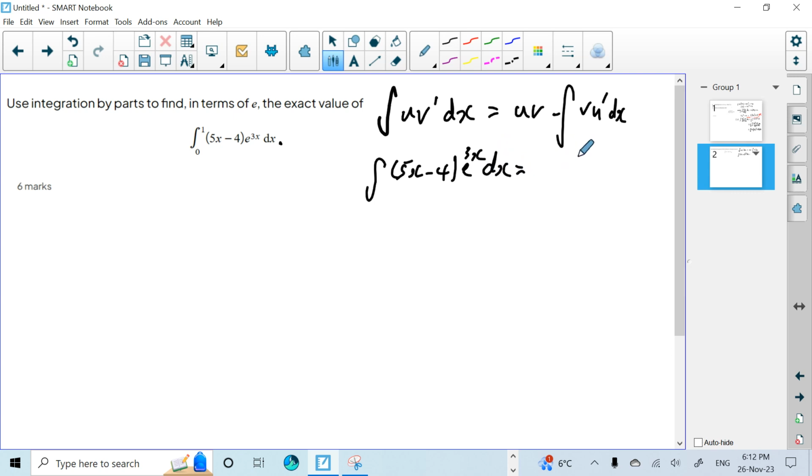And that's equal to, and we can say 1/3, that's going to be 1/3, 5x minus 4, e to the 3x, minus the integral of 5 over 3 e to the 3x dx.